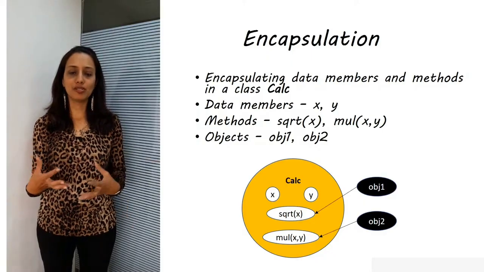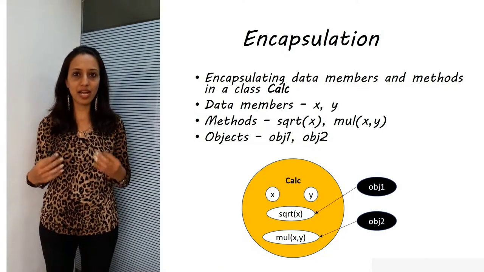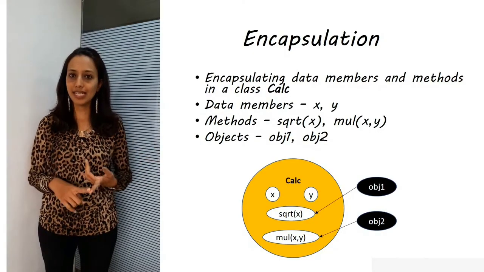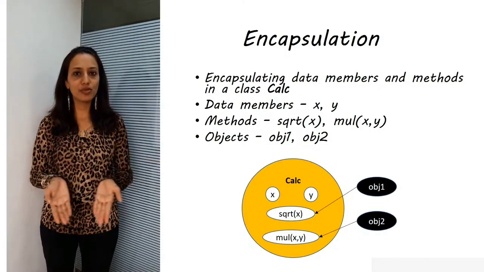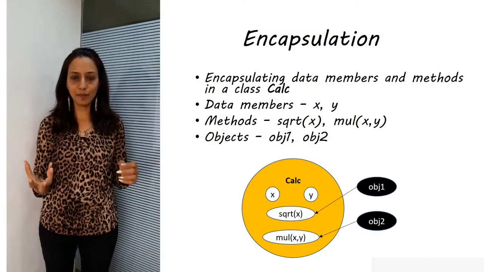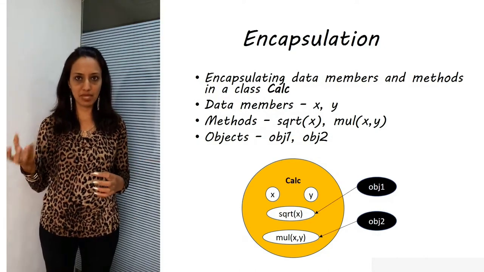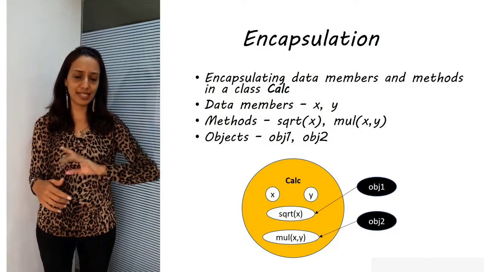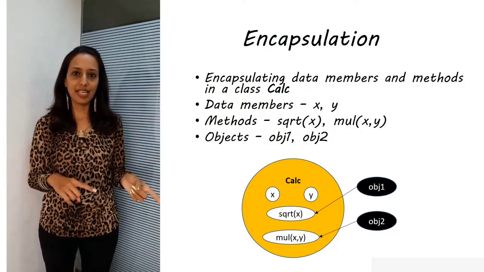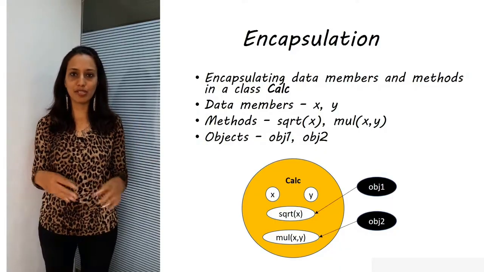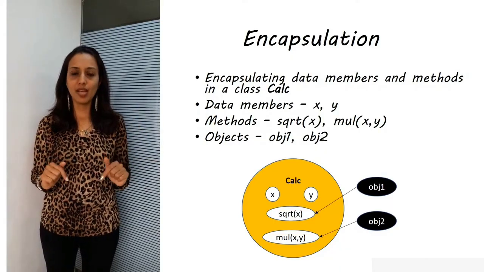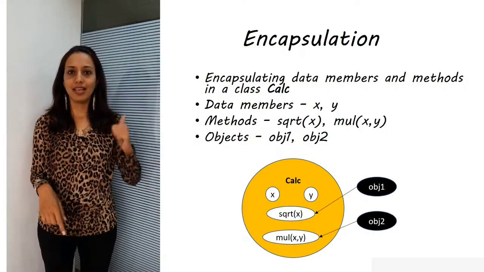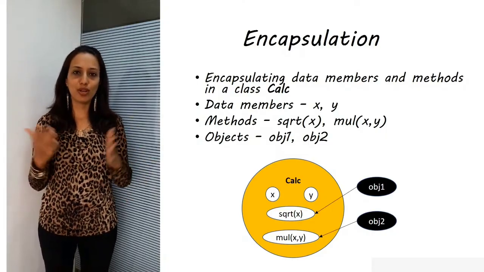In short, we are trying to signify how the data members x and y and the methods sqrt and mul have been enclosed into a structure called the class calc, and how these objects have been restricted to access only a particular method instead of accessing the data members directly. The values for these data members are passed into the method when the object accesses that method. They will not be allowed to directly access the x and y data members of the class.